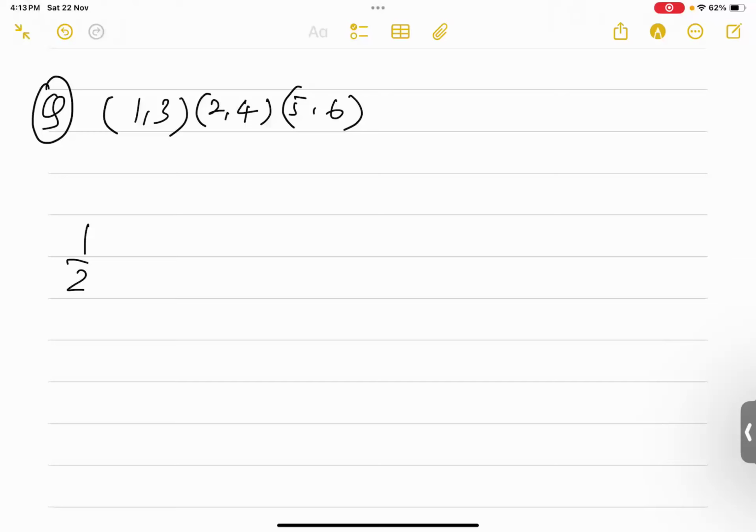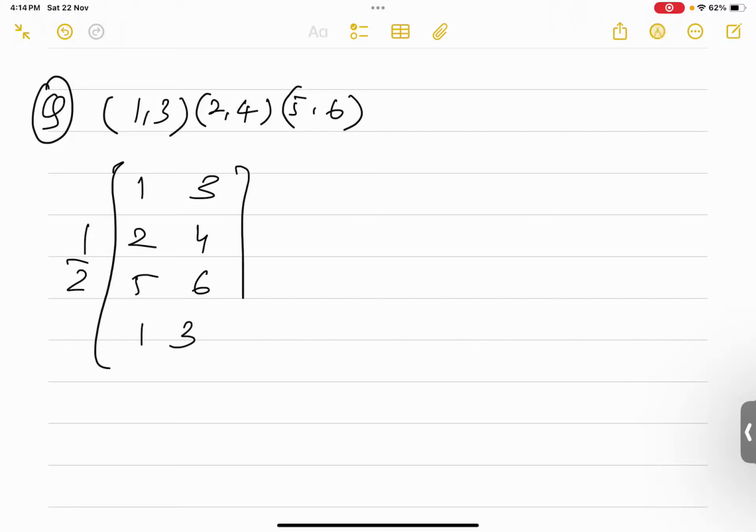Be on track. 1, 3, 2, 4, 5, 6, and again 1, 3. Half into this, a matrix you need to make. And we need to solve this in a specific manner. I have written the first point, second point, third point, and then again the first point.